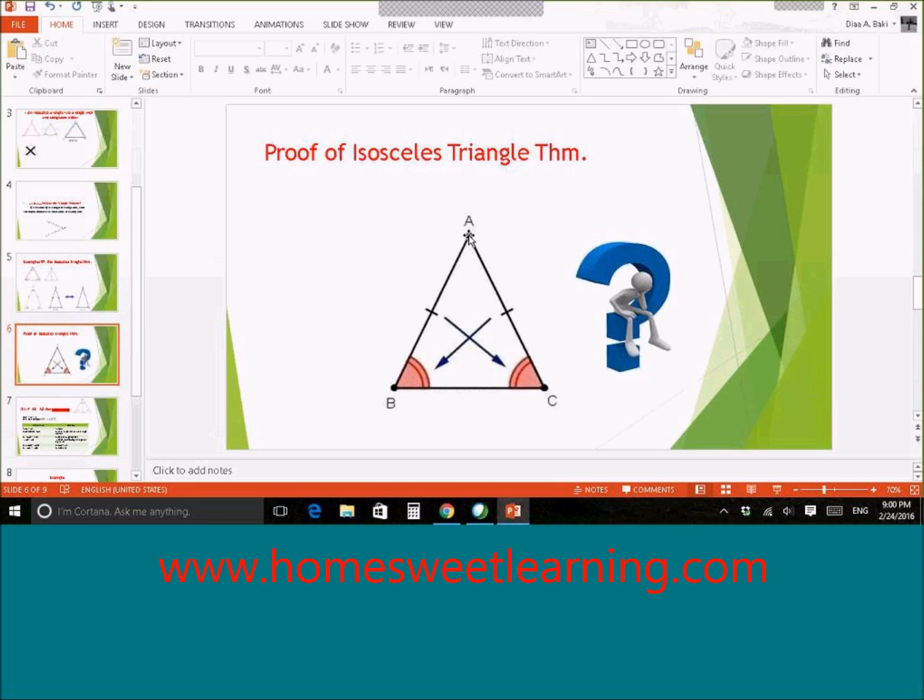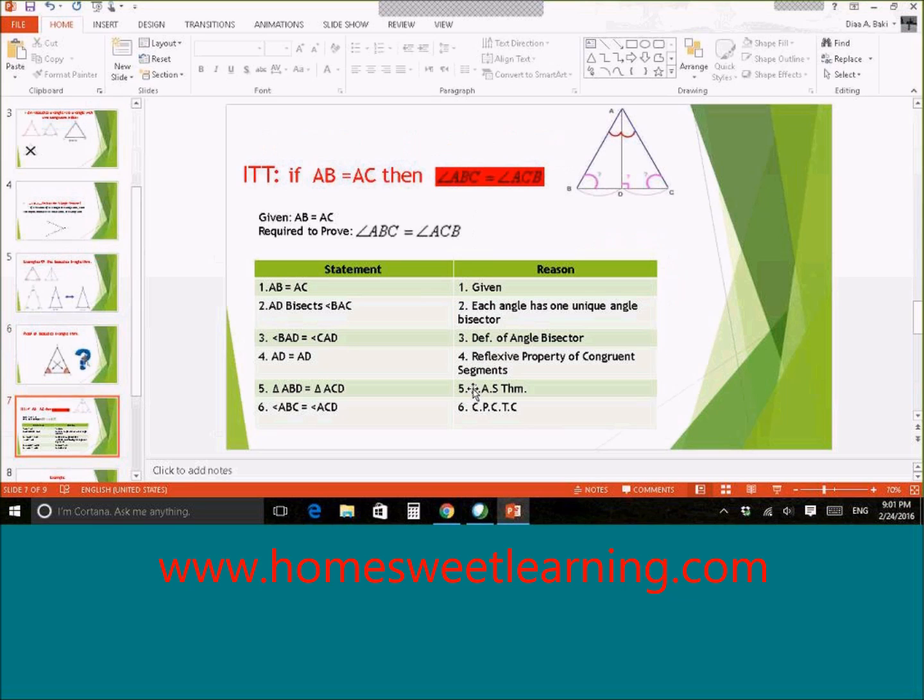If I draw a segment from A to the base, and this segment bisects the vertex angle A, then we are going to get two triangles, and hopefully we can prove these two triangles are congruent by one of the theorems that we know, like ASA, SAS, or SSS. Let's first divide it.